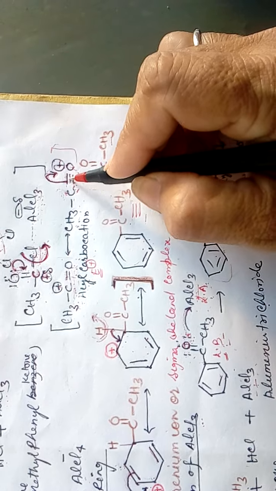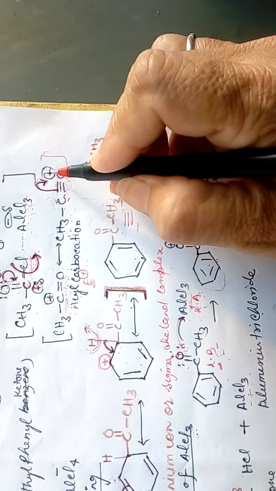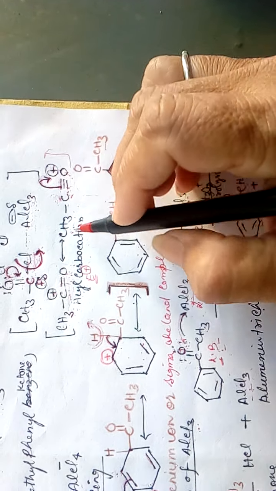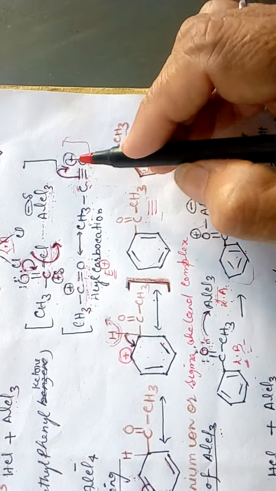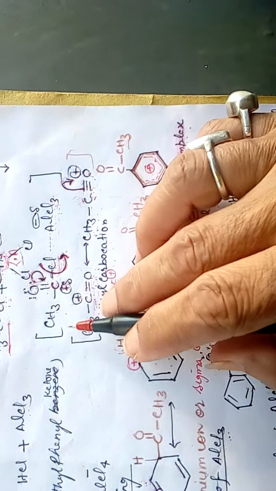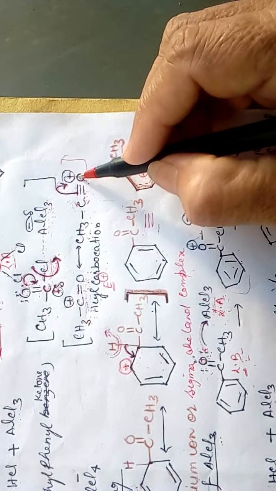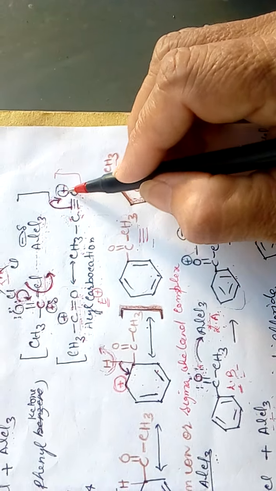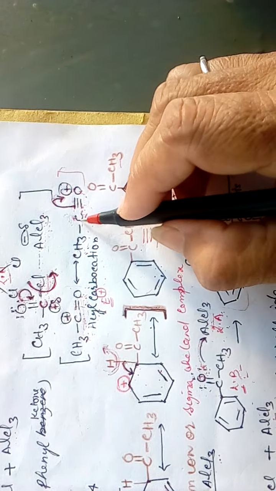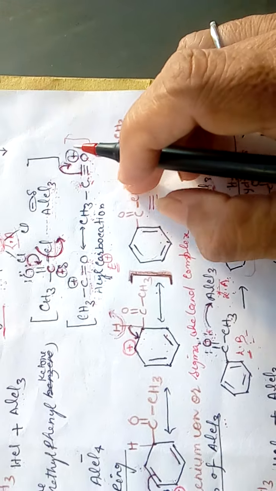Oxygen triple bond carbon CH3 and oxygen gets positive charge. This acyl carbocation is stabilized by the resonance. This bond shifts towards the oxygen and it neutralizes the positive charge present on the oxygen, and due to which this carbon gets positive charge.